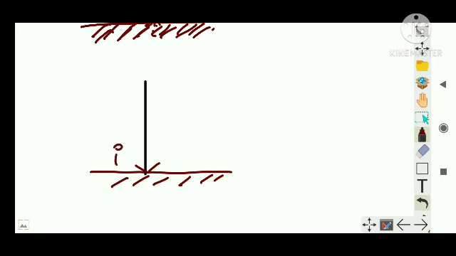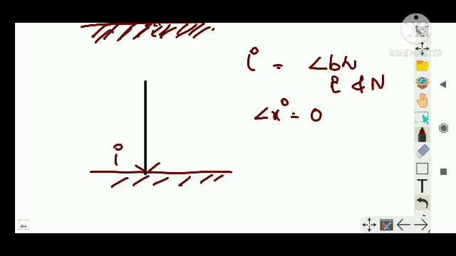So what is happening here? Here the angle of incidence is 0, right? Why? What is the angle of incidence? It is the angle between the incident ray and the normal. Here the normal is also in this direction. So the angle made by the incident ray with the normal is how much? 0.